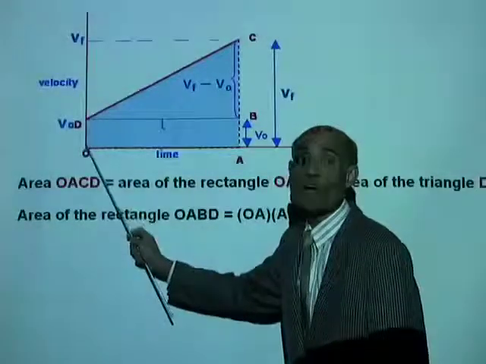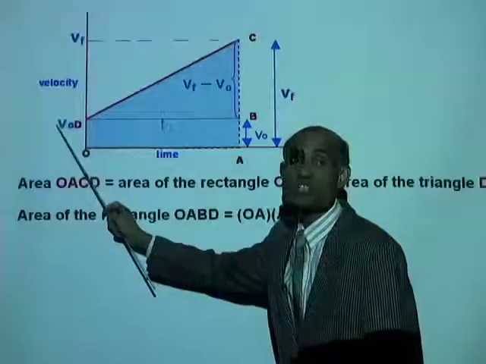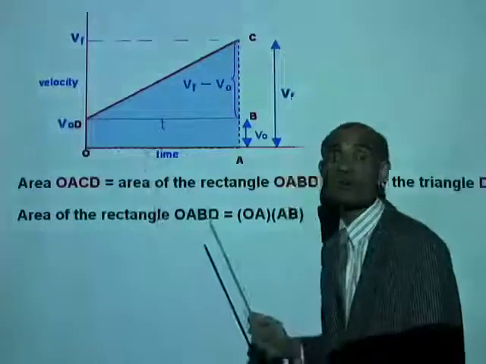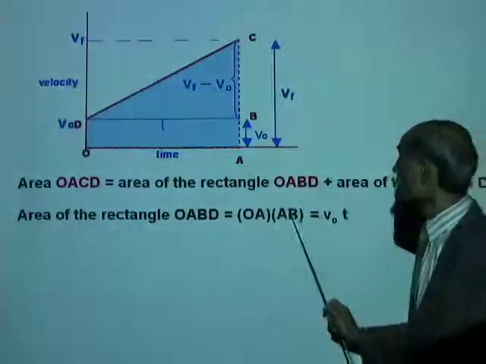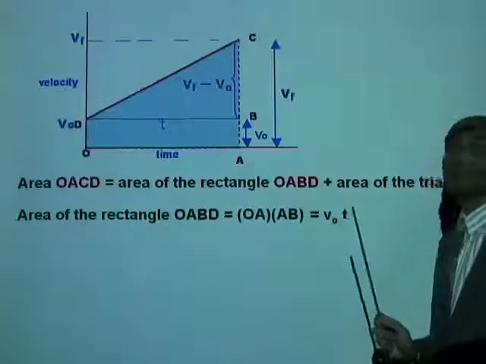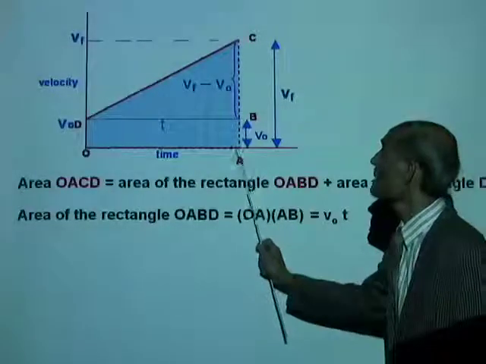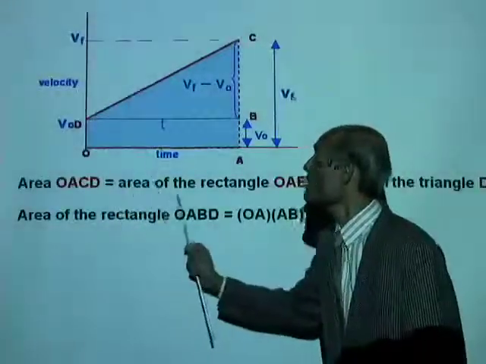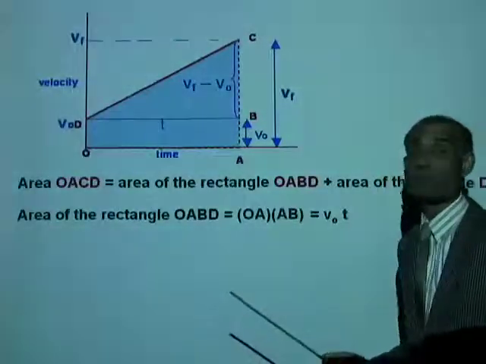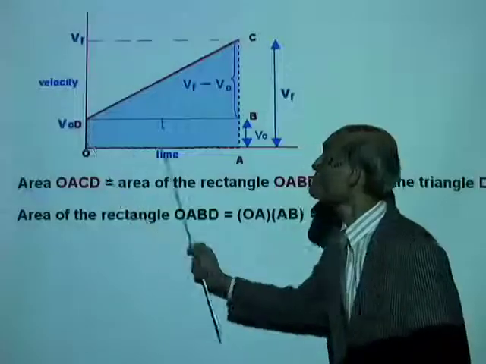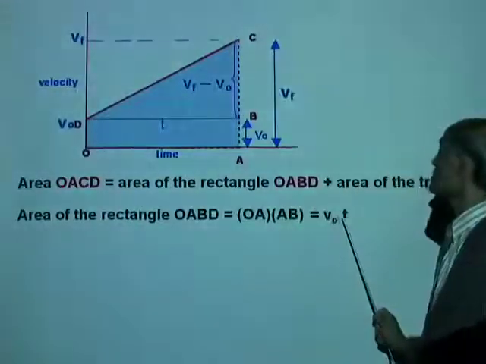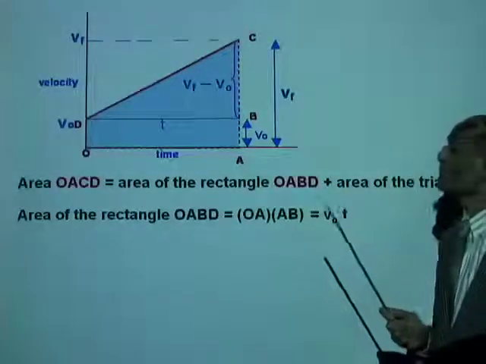AB is the same as OD, and that is equal to V0. So this will be V0 times t. This is V0, that is AB, multiplied by OA, which is your time t. So area of this rectangle is V0 times t.